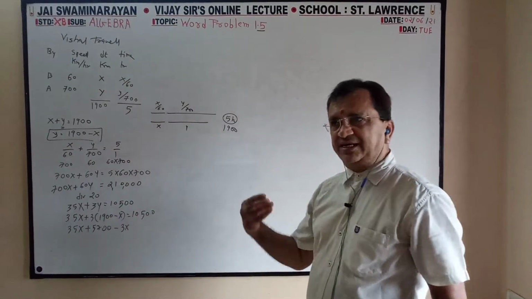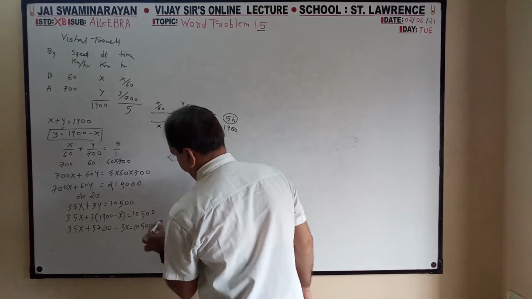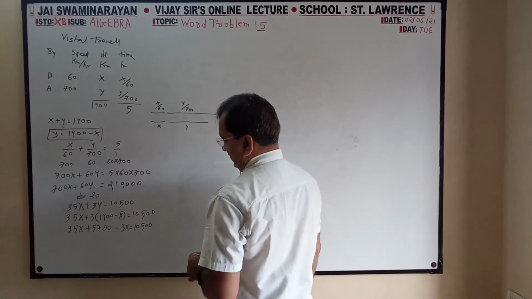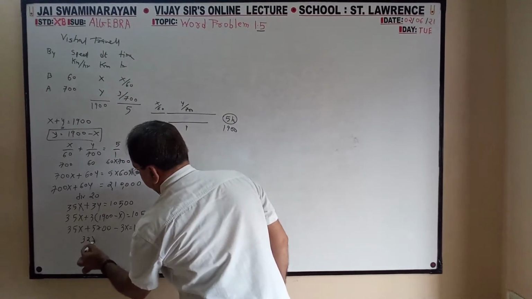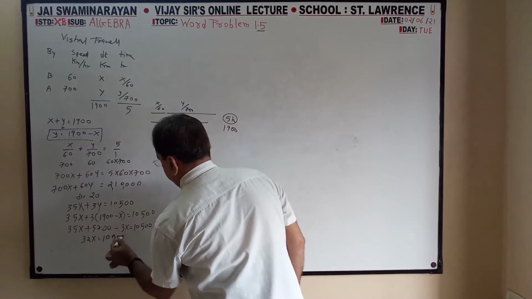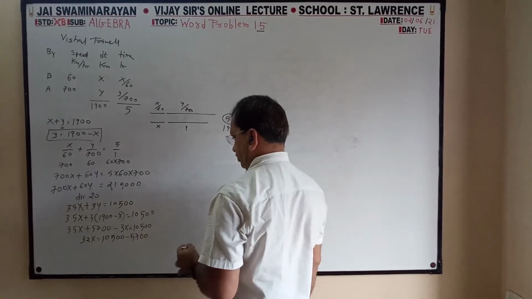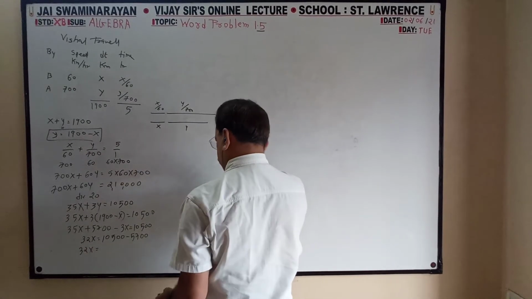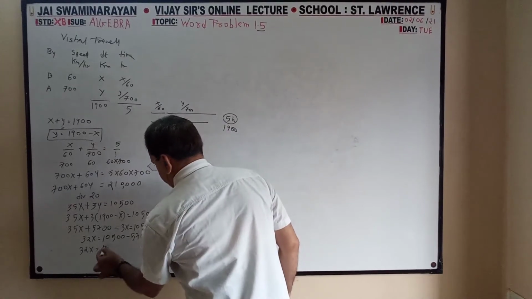Now 35x minus 3x, so it is 32x, and this goes this side: 10500 minus 5700, so it is 4800.